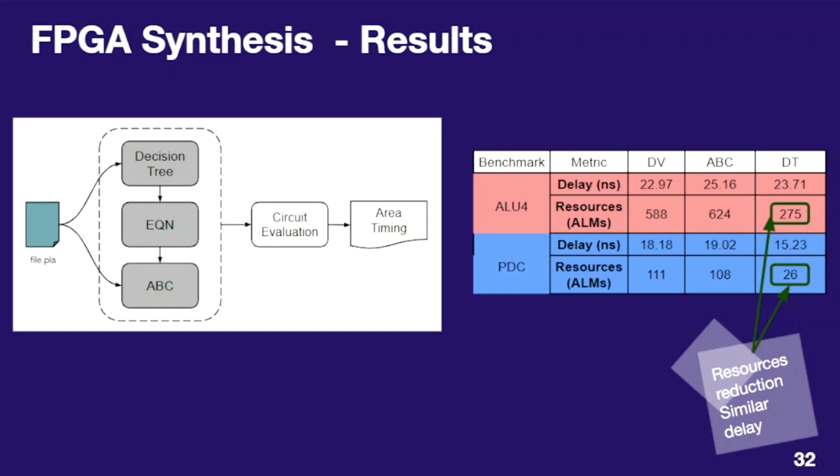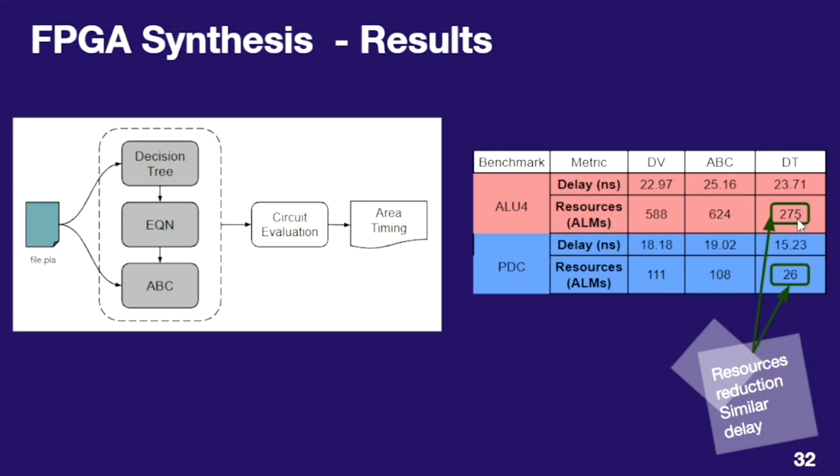So in the previous image we saw the ASIC synthesis results, and now the FPGA synthesis. And in this FPGA synthesis we were not able to get the power consumption, but we were able to calculate the area and delay. So here the area is calculated by the number of lookup tables of the FPGA board, right?